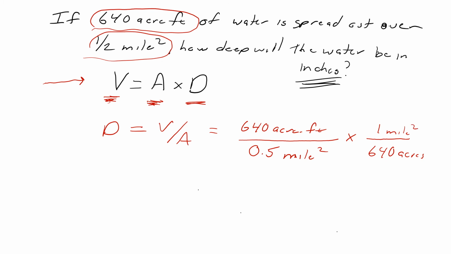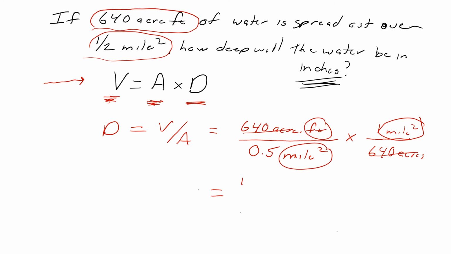So let's see what we can get rid of. We get rid of 640 acres, right? This leaves us with what? We still have this unit, right? We now have this unit. And we have this unit.